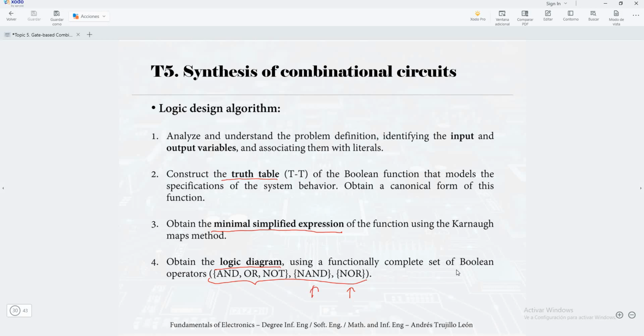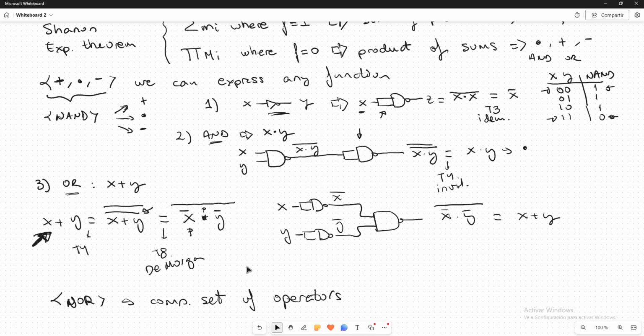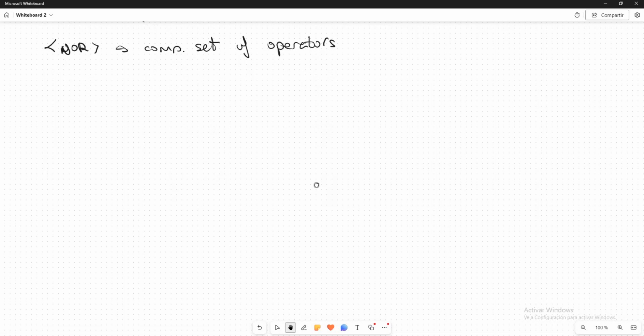It's perfectly normal that you find an exercise that asks you to implement a given function using just NAND gates, or only NOR gates, or two levels of gates. So you have to master this. I'm going to give you some tricks about how to manipulate functions algebraically so that you can build them just with NAND gates or NOR gates.